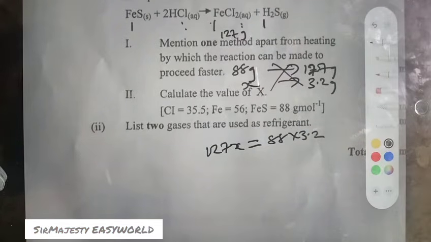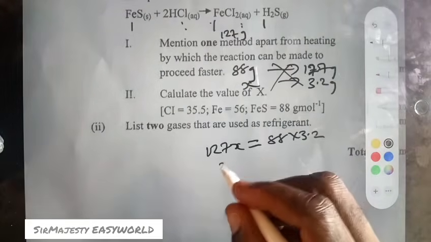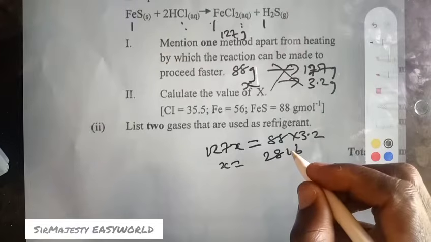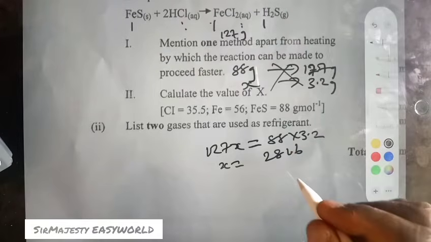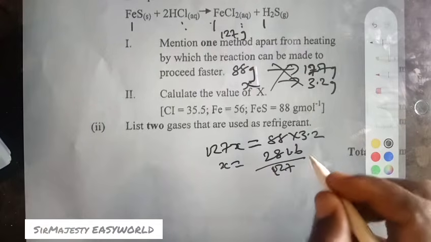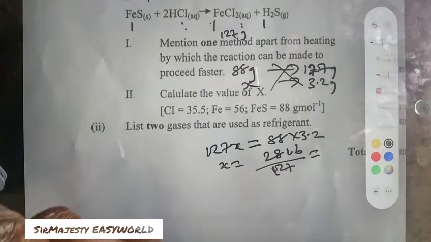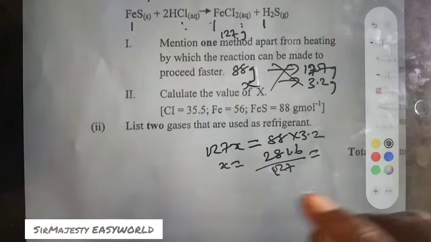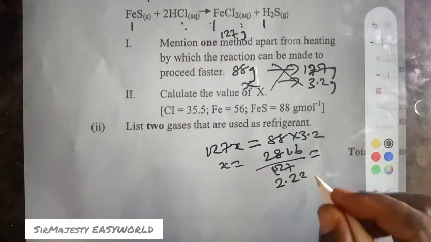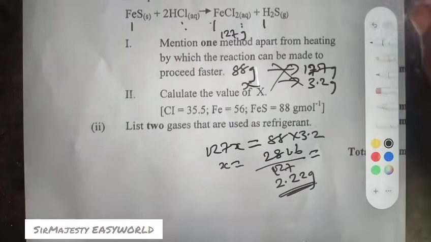Yeah, so that is 281.6, divided by 127. Divided by 127 will give you 2.22 on the approximate. So that's the gram of the pure sample according to what they have here.